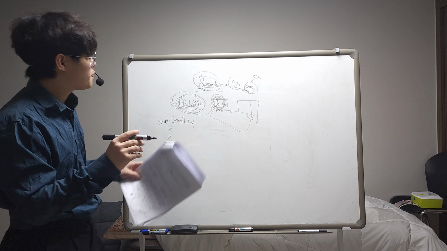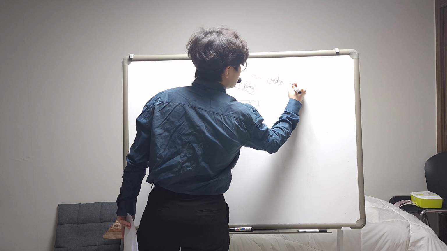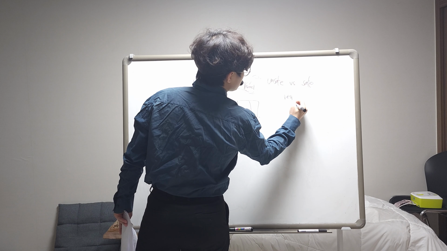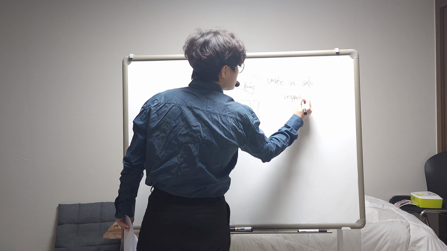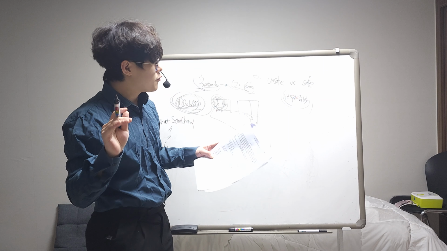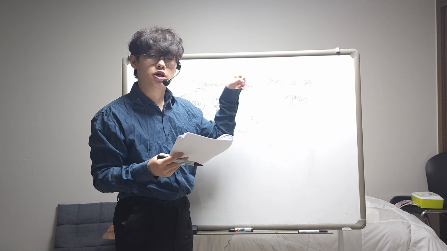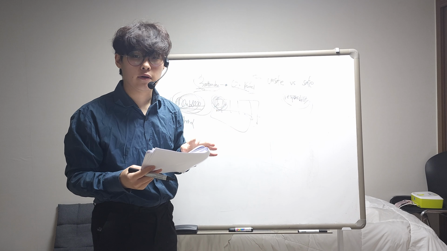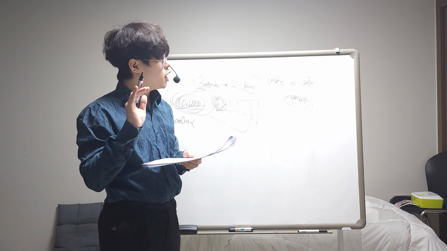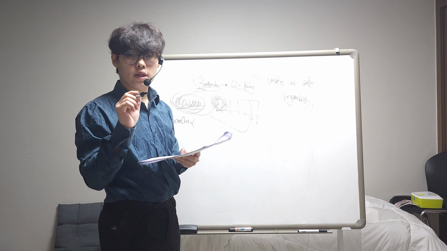So safe is based on the responsibility. If the compiler does error handling and those kind of things for you, that's safe, because the compiler takes some responsibility for you. But unsafe is where you take care of this code. If this throws an error, you're the one who takes the responsibility for it.